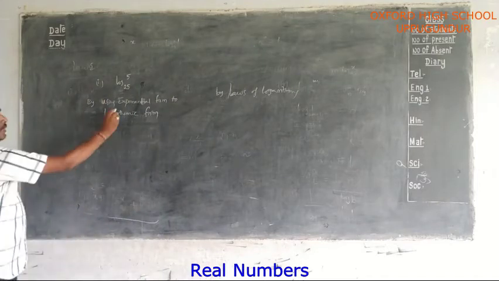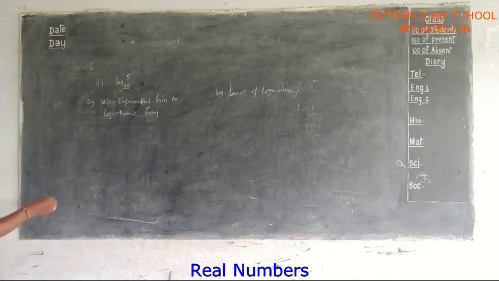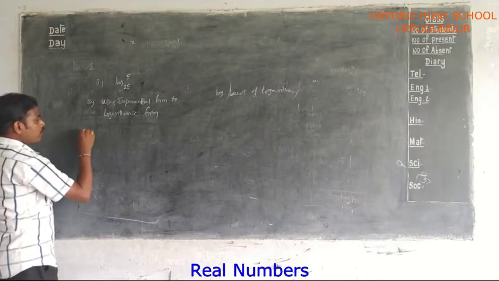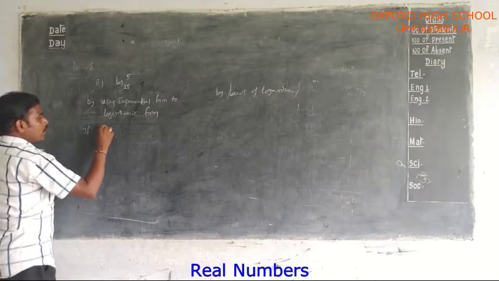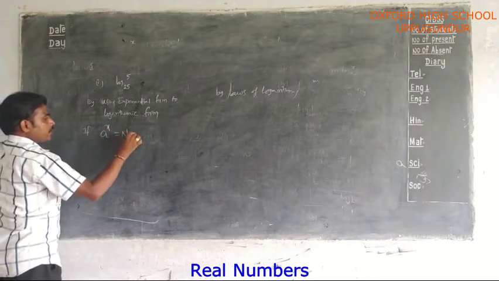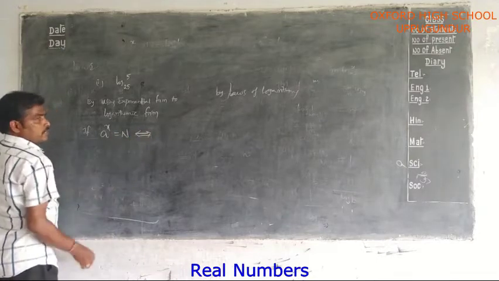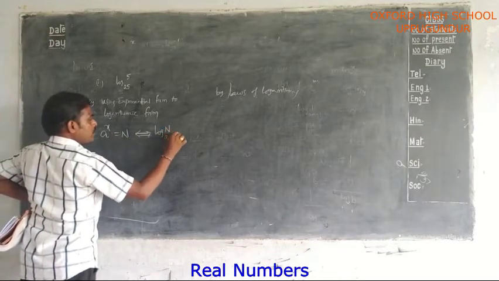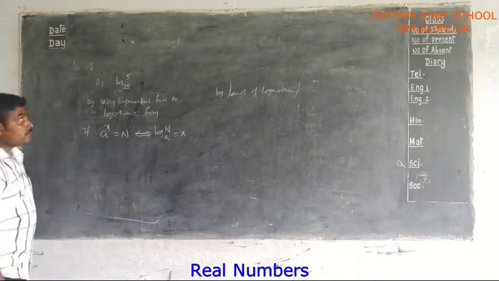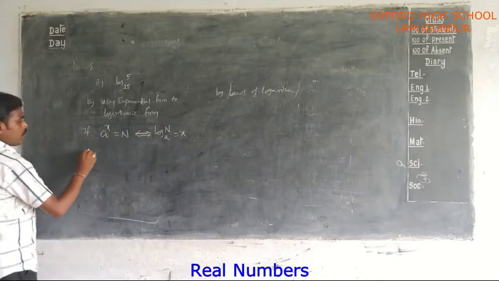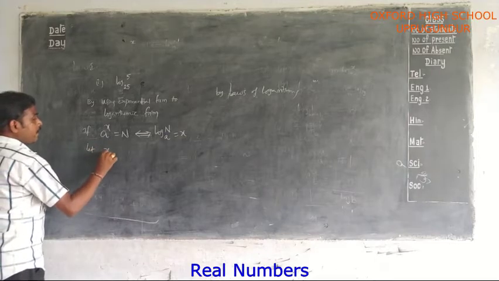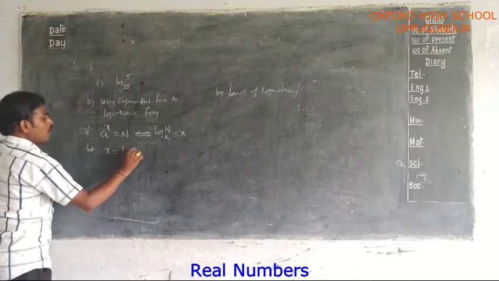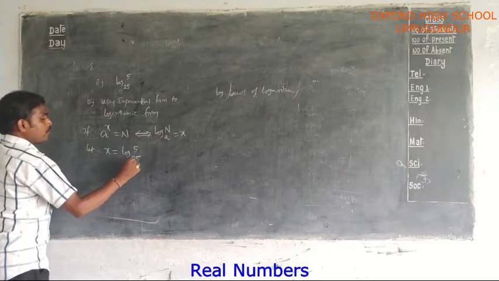So first, by using exponential form to logarithmic form. What is exponential form to logarithmic form? If a power x equal to n, then for this the logarithmic form is log n to the base a equal to x. Now for this problem, assume x equal to log 5 base 25.